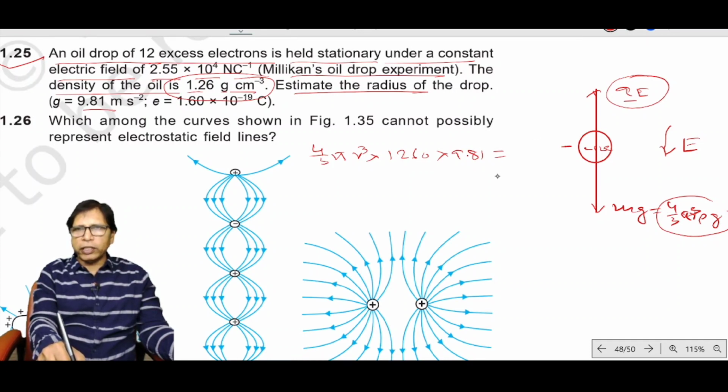Here q is 12 excess electrons, so it is 12 into 1.6 into 10 to the power minus 19 coulomb, and the electric field is 2.55 into 10 to the power 4.